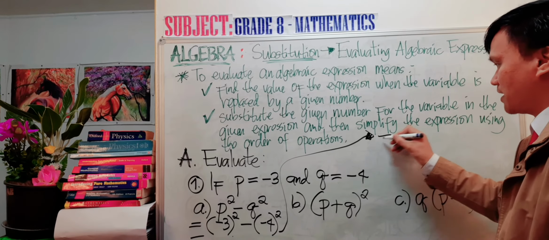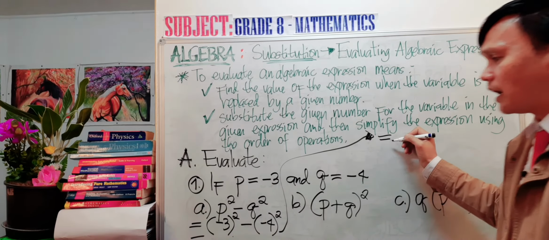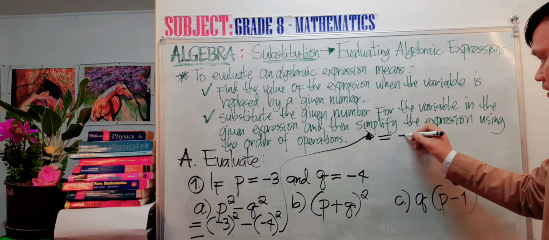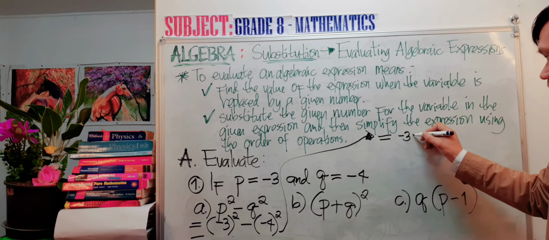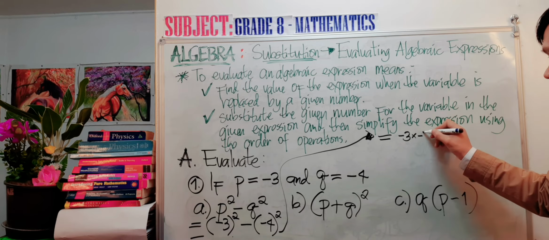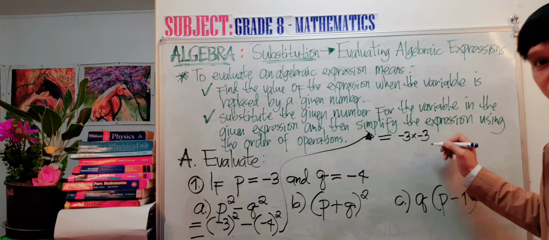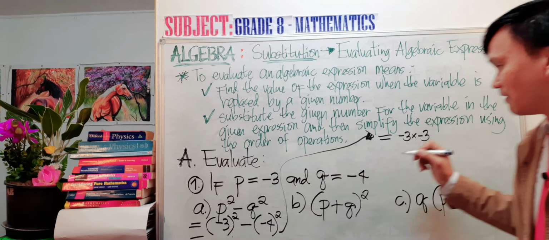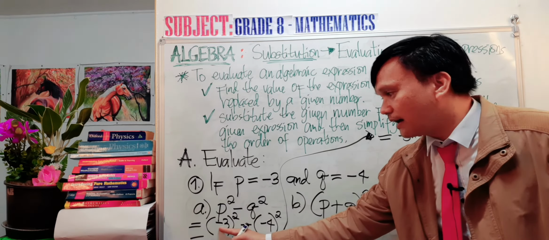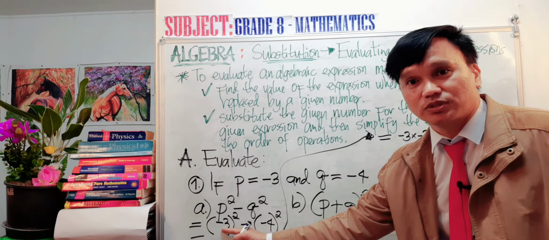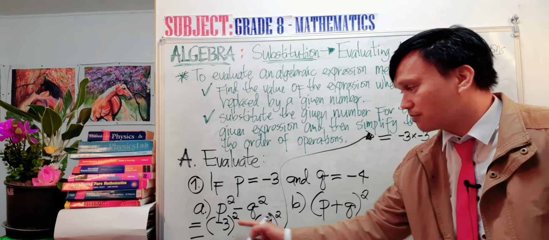So here we have negative 3 times negative 3. Are you following? All right. So negative 3 to the power of 2.